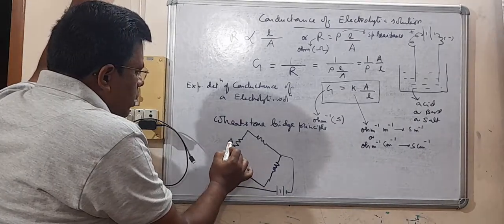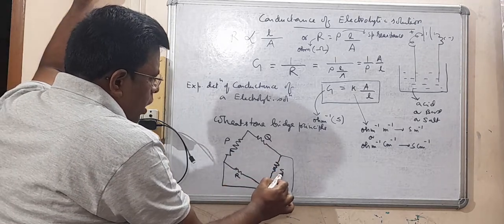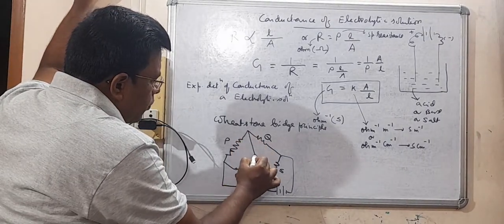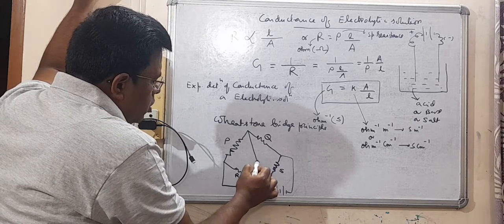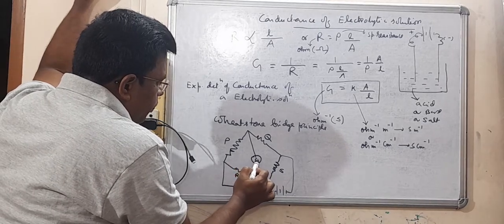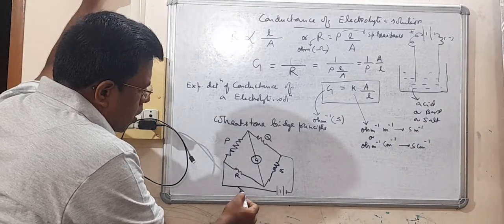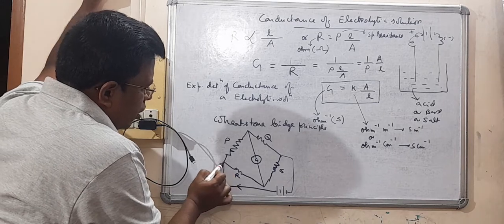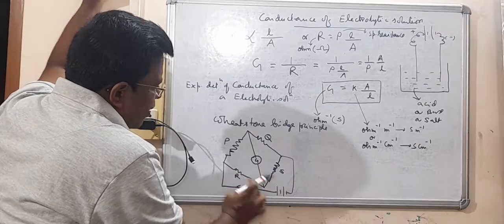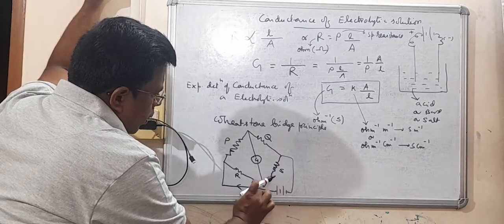Suppose this resistor is P, this is Q, this is R, this is S. Okay, now there is also a connection here, and suppose we keep a galvanometer here. So current will enter, current will get divided along this and this. Some current can pass through this, and again the current will combine.